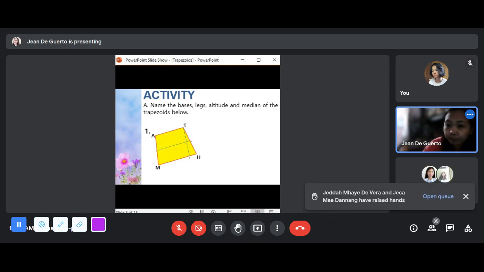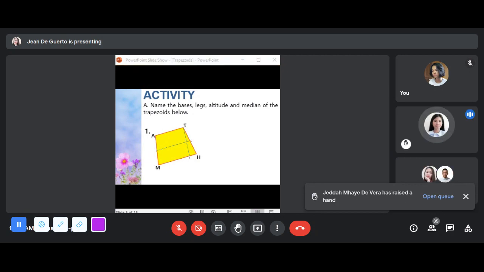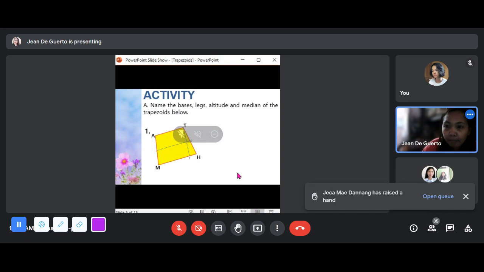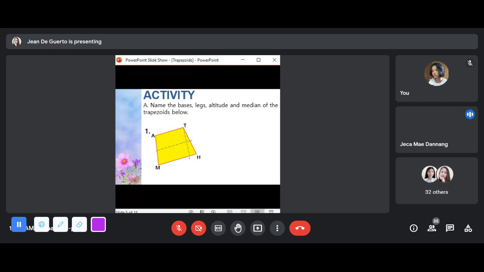Jeddah. Ma'am, side AT and side MH. Okay, so we have side AT and side MH as the bases. How about the legs? Jeka. Side AM and side TH po.